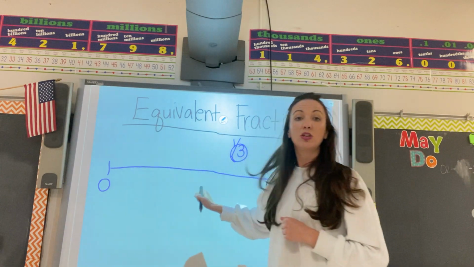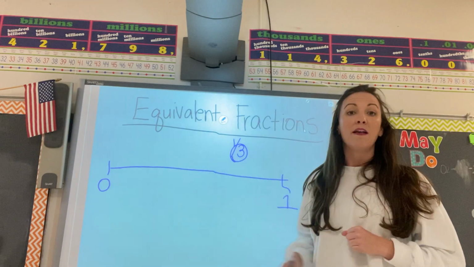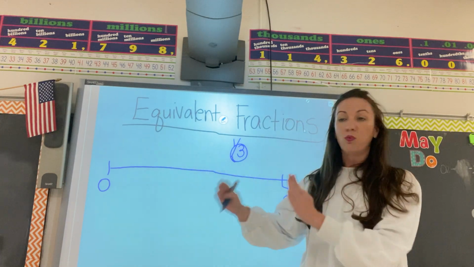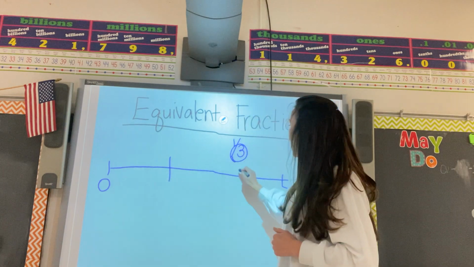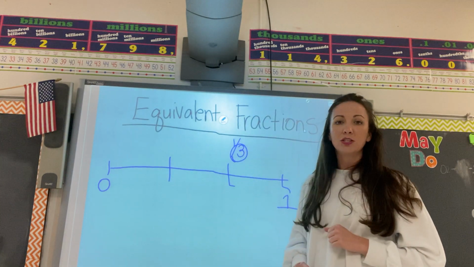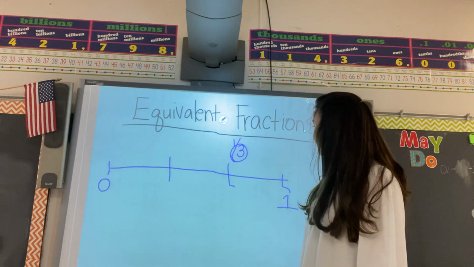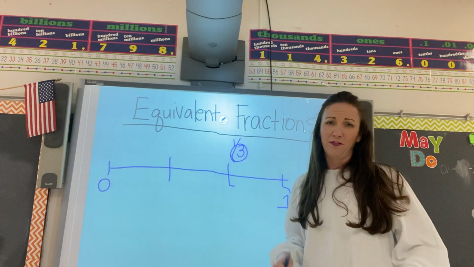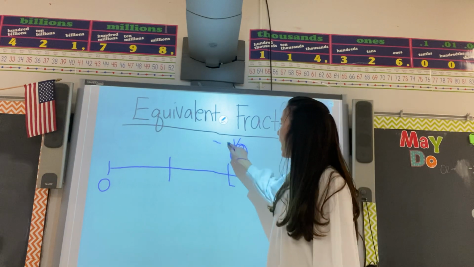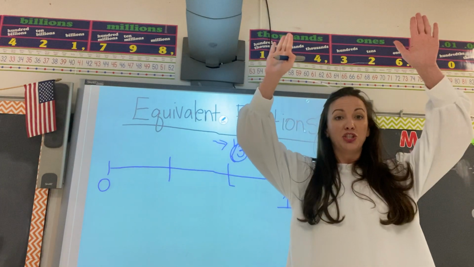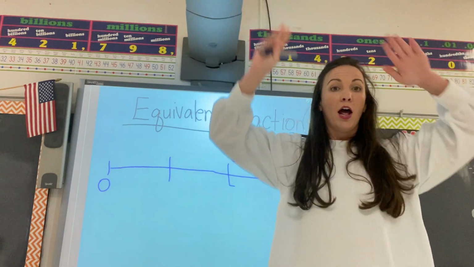So I have to make sure that when I partition my number line, I give it 3 equal parts. So I'm going to go ahead and draw 2 lines. And remember, the top number tells me how many to shade, and I shade it on top of the number line.